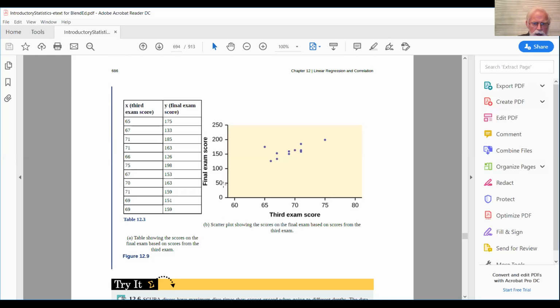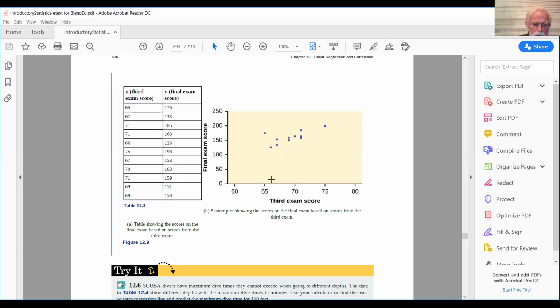Let's keep going a little bit here. If we look at this example, which is relating the final exam score to the exam score of the third exam in a term, are they related? That is a question that people have.